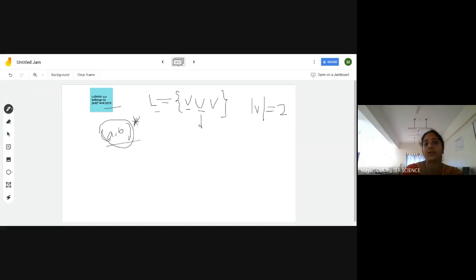So what about U then? It can accept any length of A's and B's. Any length in the sense star. Minimum one length means plus. So I don't have any constraint with U length, but I had a constraint with length 2 for V.